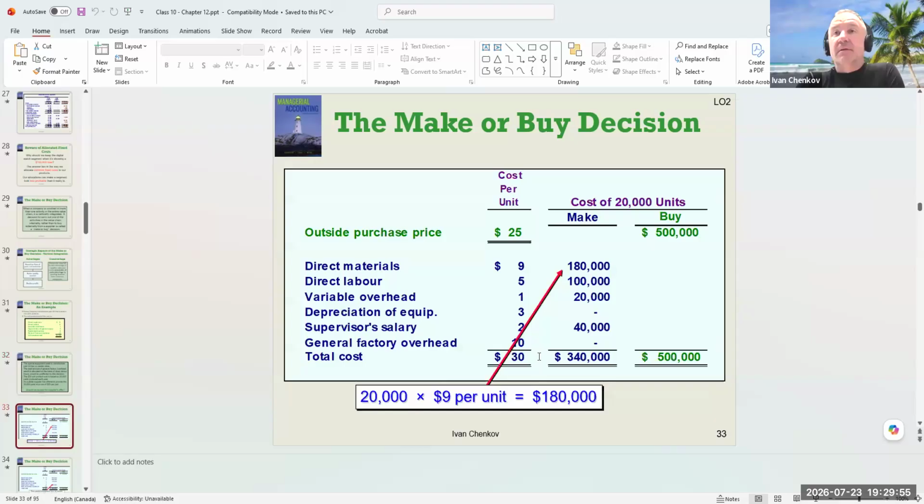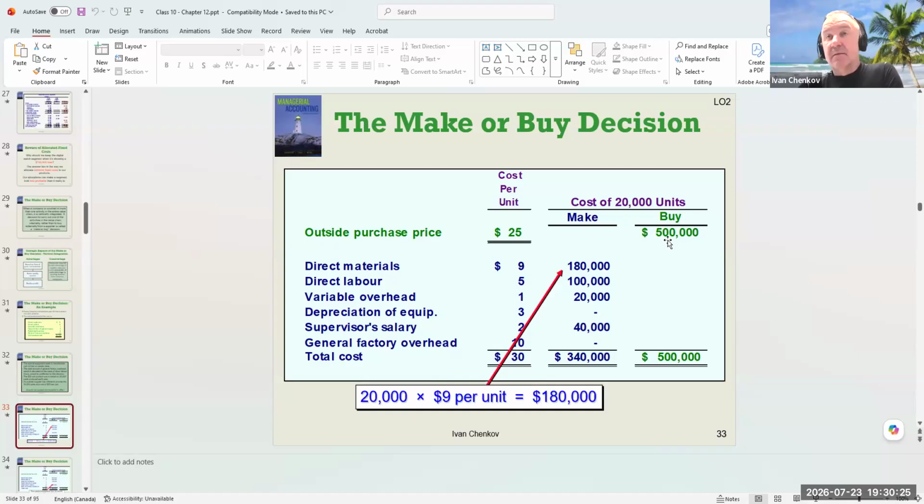Let's see the calculation, how they did it. They're going with the total. What's the total? If I make it, it's going to cost me $9 per unit, or 180,000, $5 or 100,000, $1 or 20,000, supervisor salary 40,000, total 340,000. 340,000 divided by 20,000 units, that's $17 per unit.